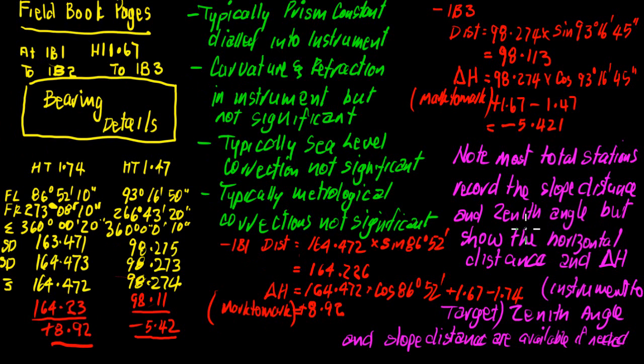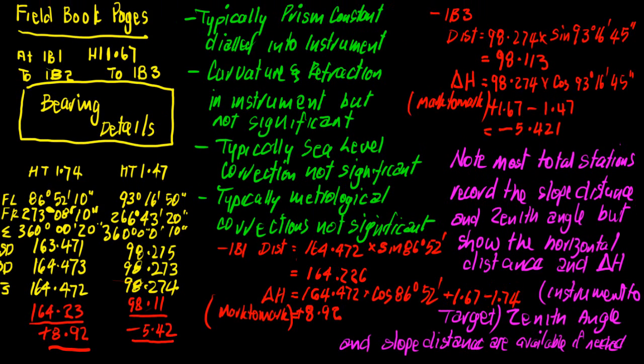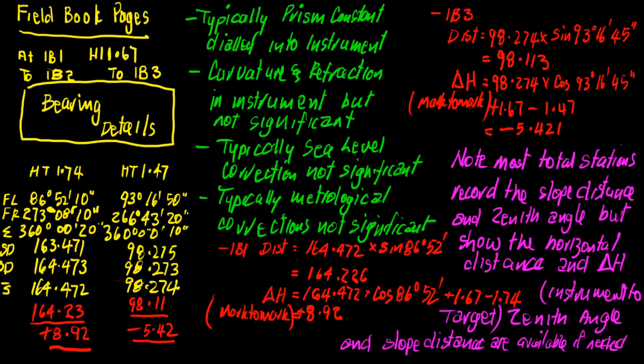You can get the zenith angle and the slope distance out as well, so they're available if needed. Remember that the delta H the instrument's working out is the delta H instrument to target. Although in a robotic situation where you might have your instrument hooked up to a data recorder, it is possible to get real time or true heights out of them by dialing in the pole height and the height of the instrument and that sort of thing.